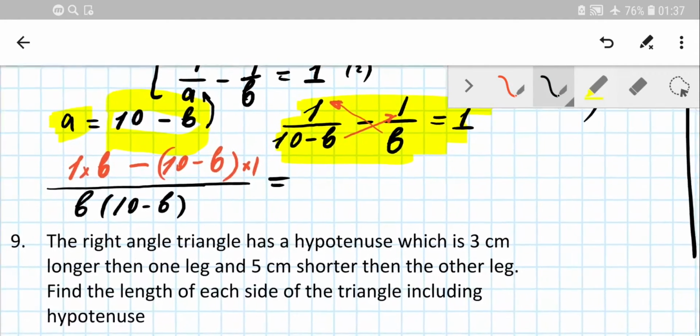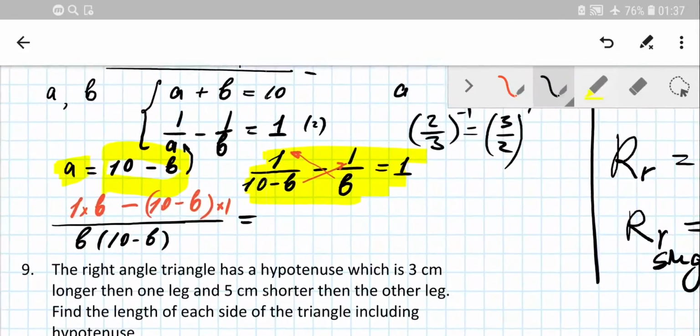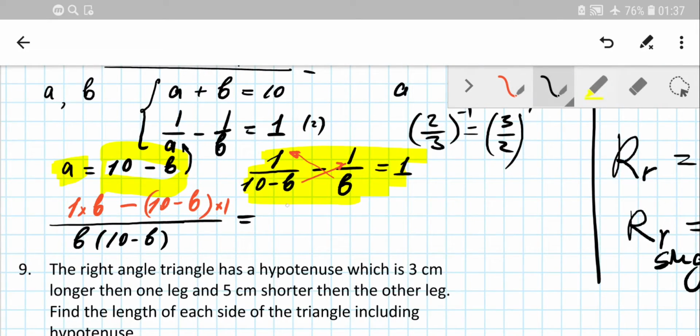Okay, so let's see what we've got here. So we've got the following: b minus 10 minus b. Okay, so I just simplified it. So b minus 10 and simply plus b, because two minuses will give you a plus.